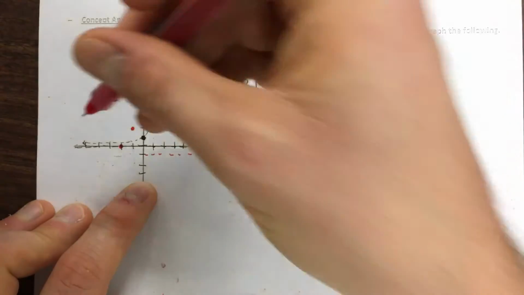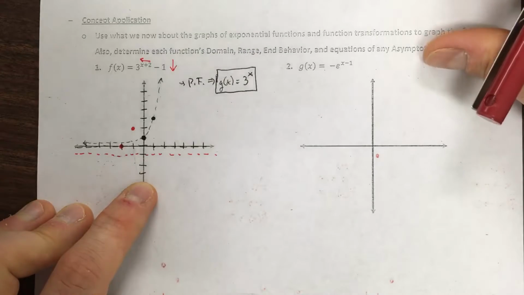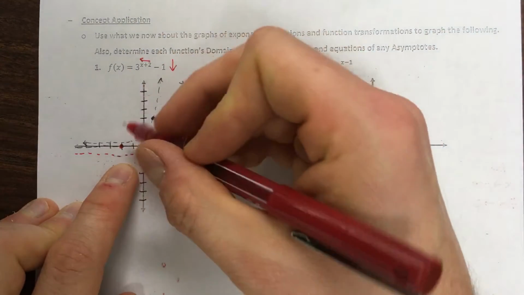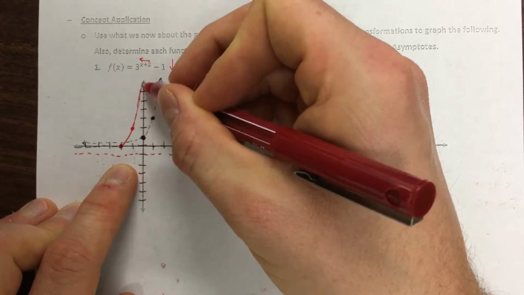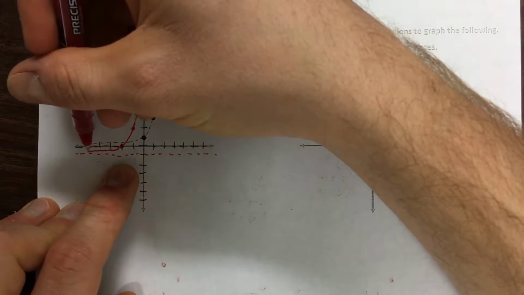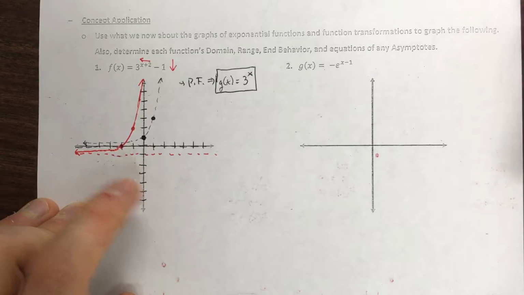So we no longer have a horizontal asymptote on the x-axis. It goes down to -1. So our function should look something like this. And then as it goes this way, it's going to get close to the asymptote but never touch. So that's our function.